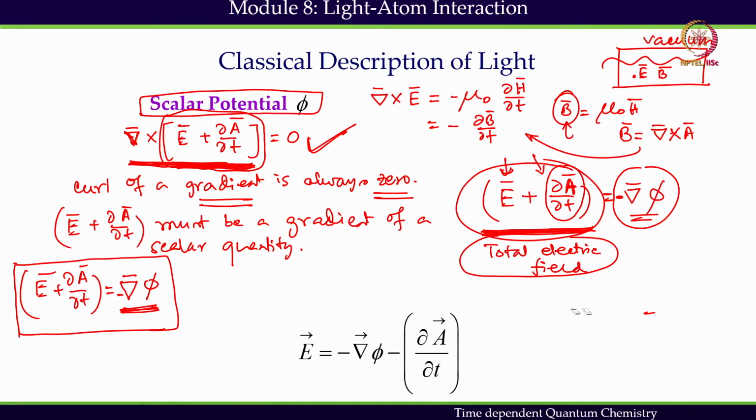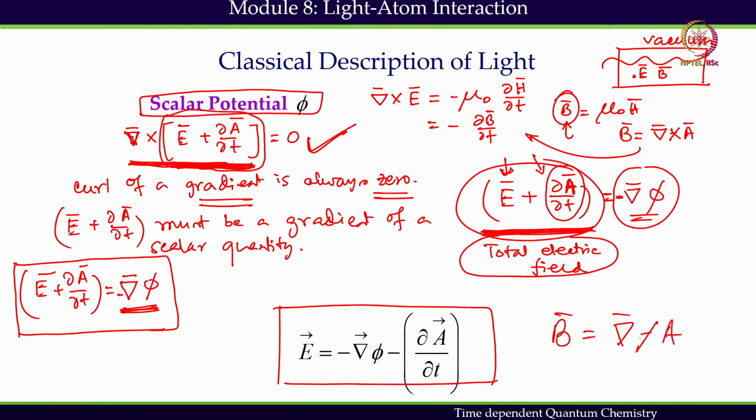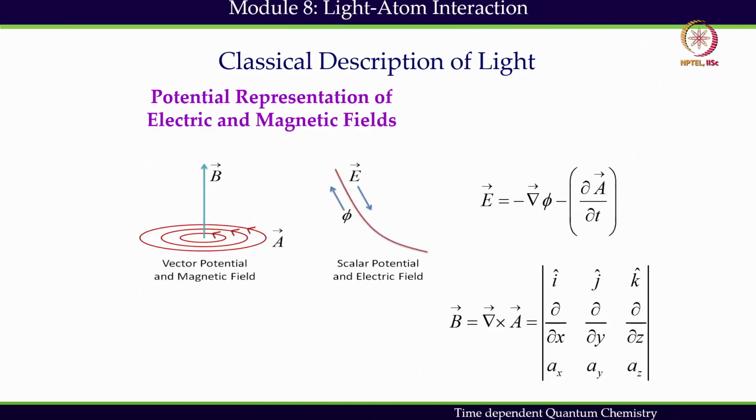So in the end, the electric field can be represented this way. We have seen the magnetic field can be represented in terms of vector potential. Electric field now can be represented in terms of vector potential and scalar potential. Both are contributing to the electric field. So there are two important realizations we have already got.